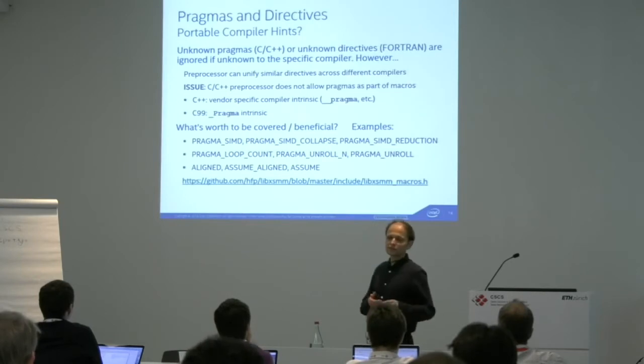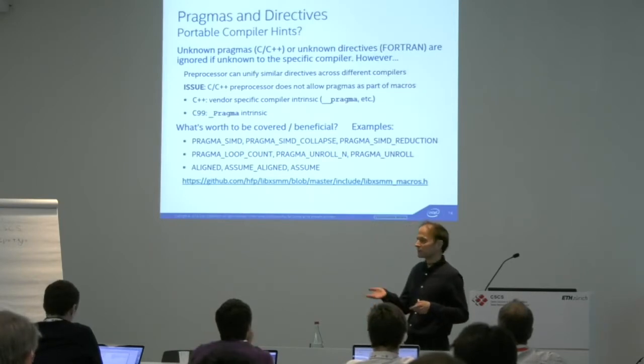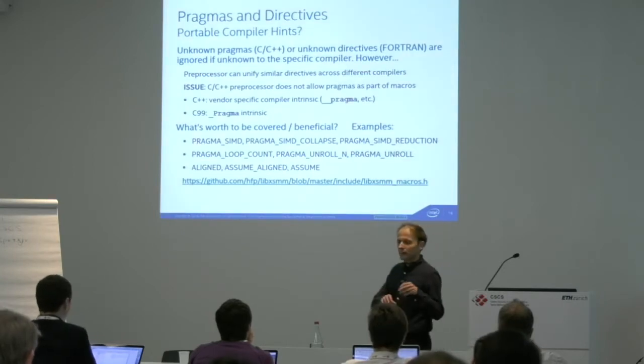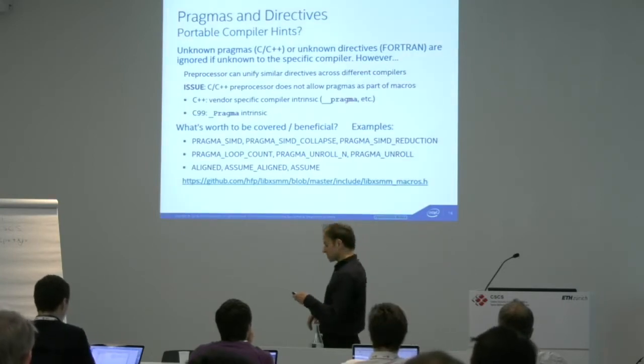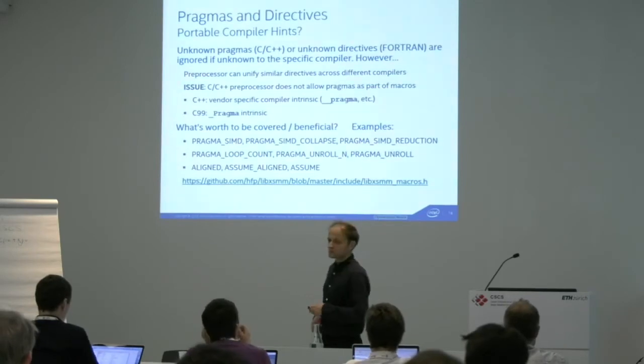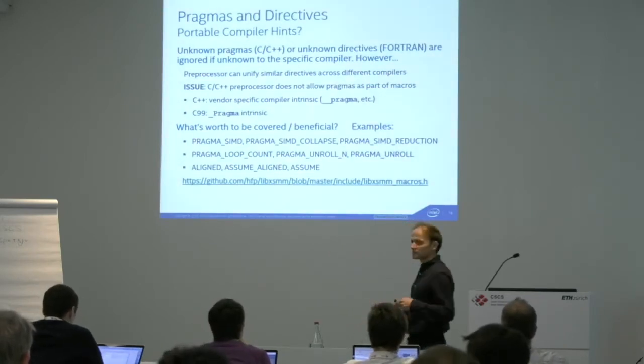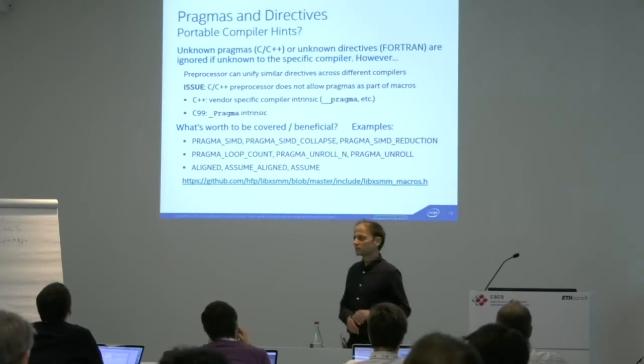This is not really something you want to have in your application code. But you could essentially wrap vendor-specific pragmas. By definition, pragmas are always specific to the compiler. This is the whole idea. If it sees something that it doesn't know, it doesn't complain about it.